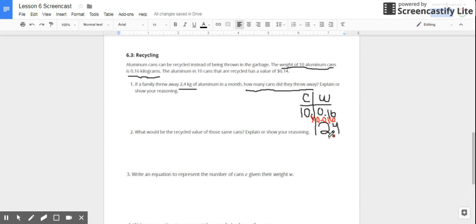Now I have the weight and I need to find the cans, so I need to work backwards. If I'm working backwards, I'm dividing by 0.016. So I type that in my calculator and I do 2.4 divided by my constant, and that gives me 150.